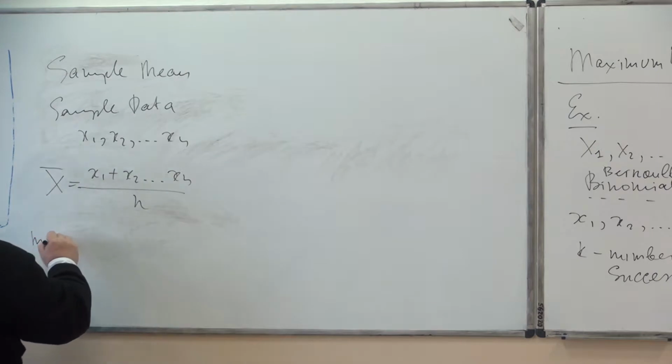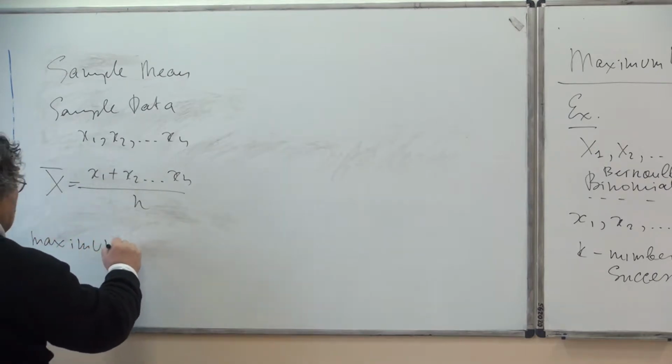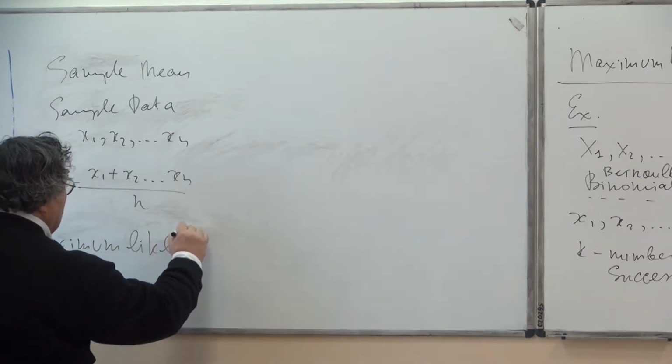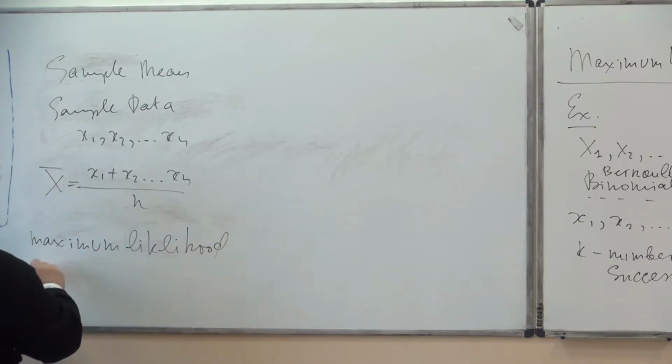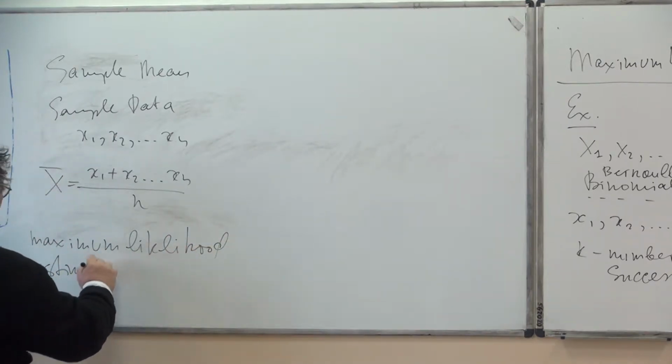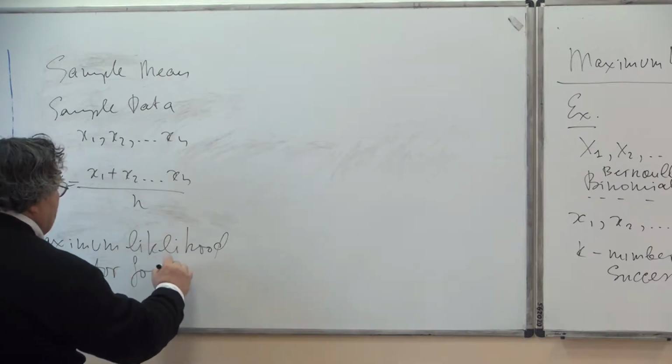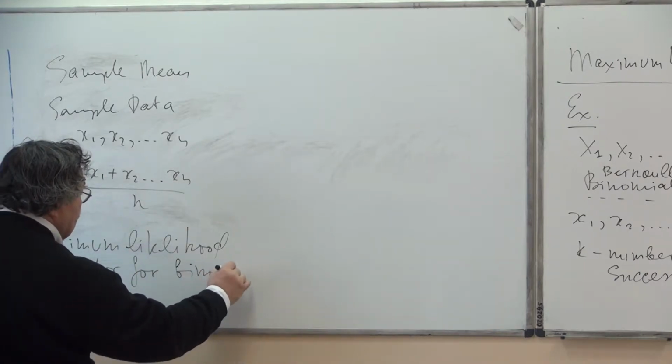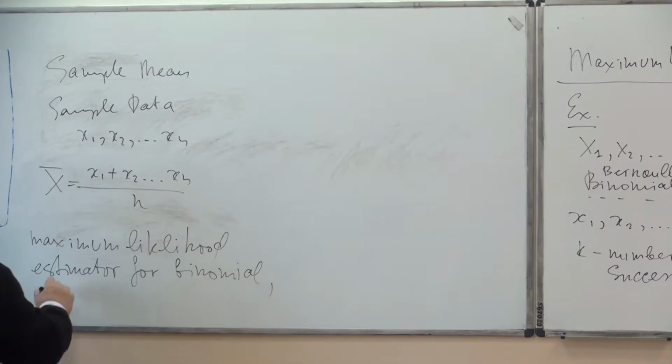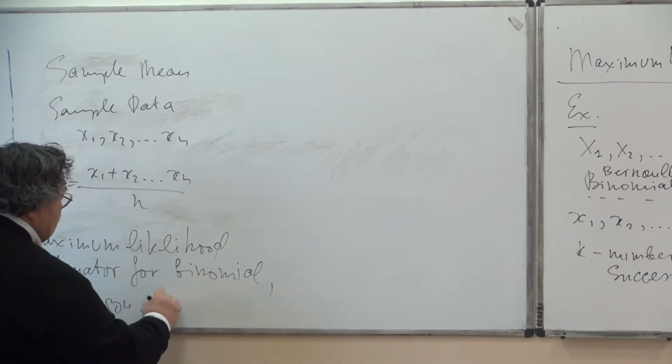So this is for binomial, Poisson, or normal.